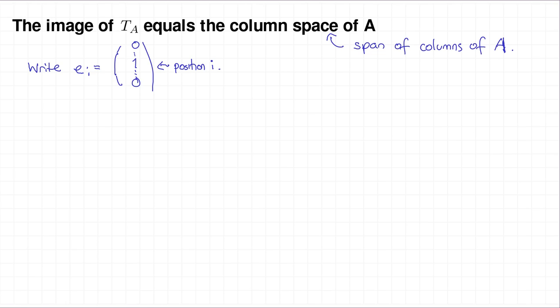I claim that if you matrix multiply a matrix A into e_i, the result is equal to the ith column of the matrix A. We'll see why this is useful in a moment, but we're going to prove it now.